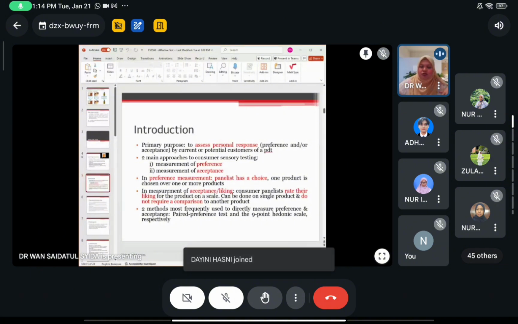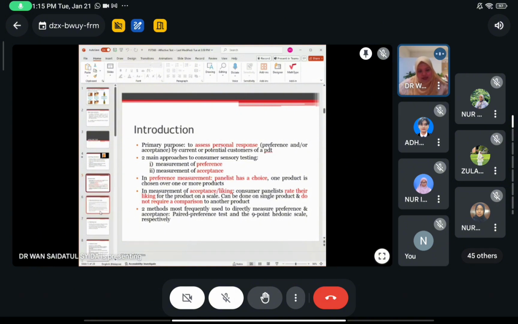In difference tests, basically we want to know whether there are differences between the products, between the sample products. But in affective test, you can measure the preference and you can measure the acceptance. So these are the main principles throughout all the methods.